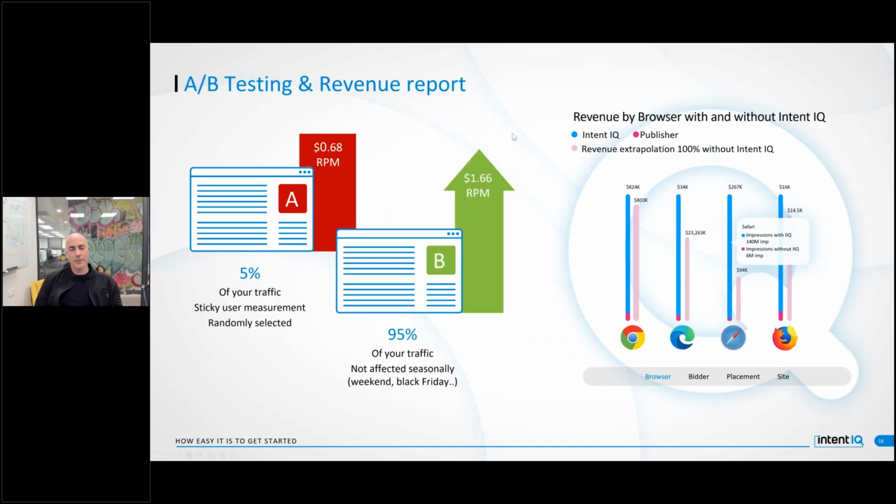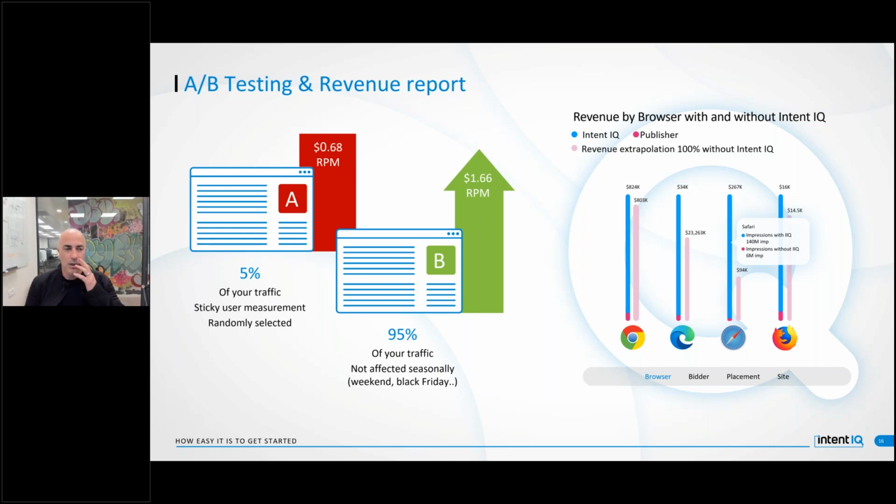Okay, so I thought I'd take one of our samples here. This is real data coming from the traffic that we're powering today. As you can see, the way we measure the service is constantly A/B testing, where our solution is being used for 95% of your traffic versus 5% not using us, but still measuring.